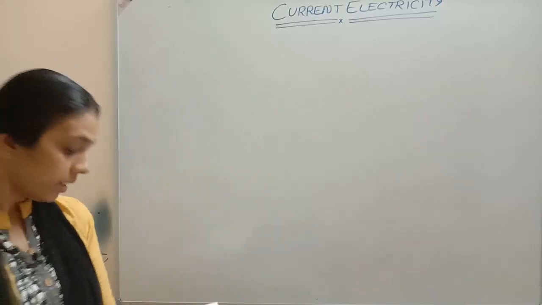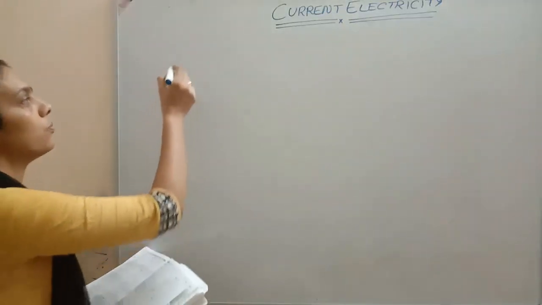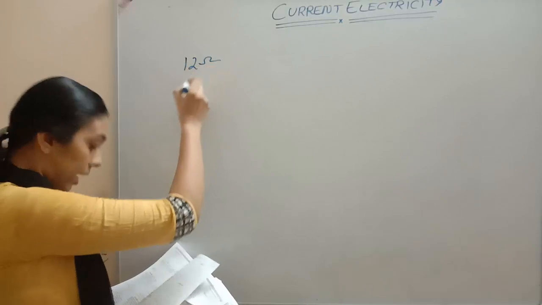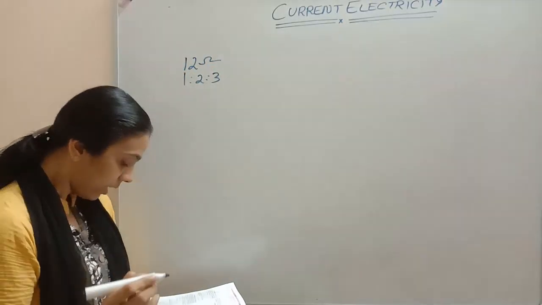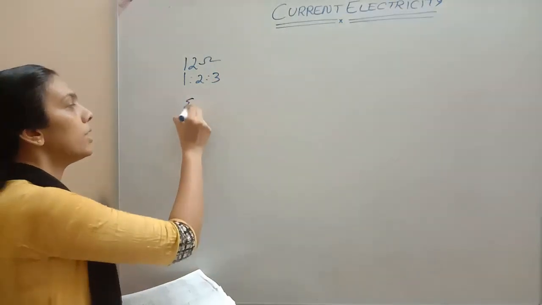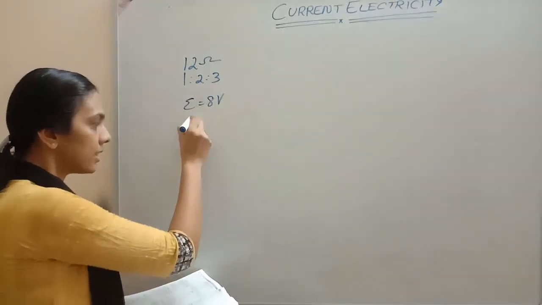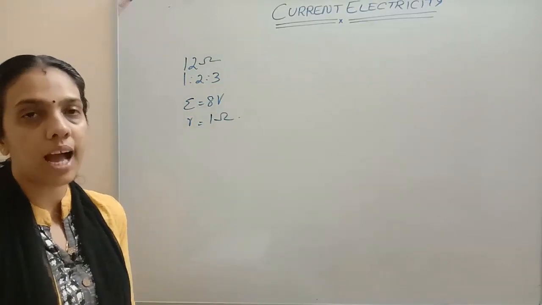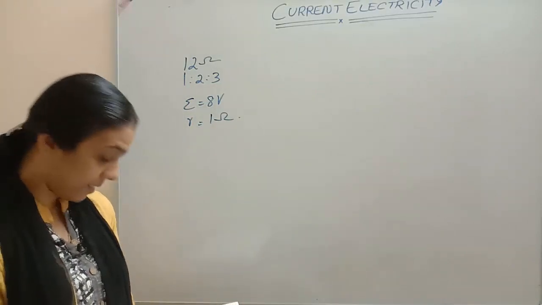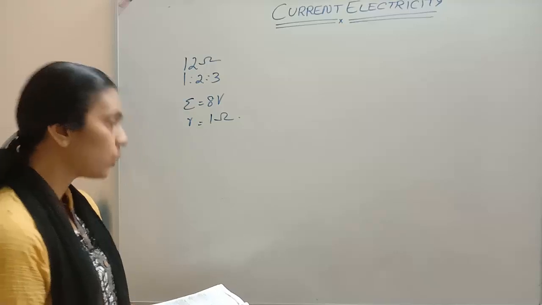Okay, so here in the question, a 12 ohm wire is cut, dividing it in the ratio 1:2:3. A cell of EMF 8 volt and internal resistance 1 ohm is connected across the highest value of the 3 resistors. Calculate the current through each part.